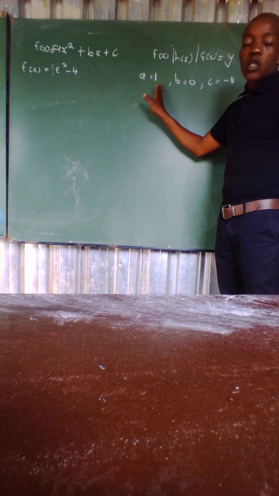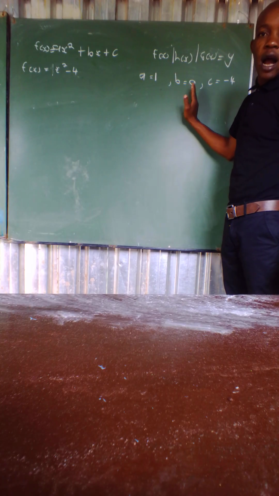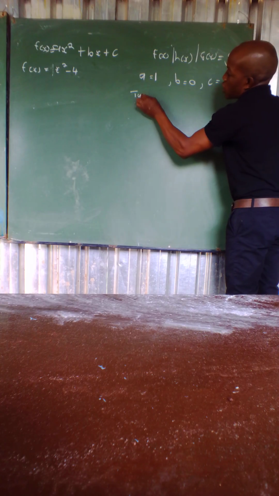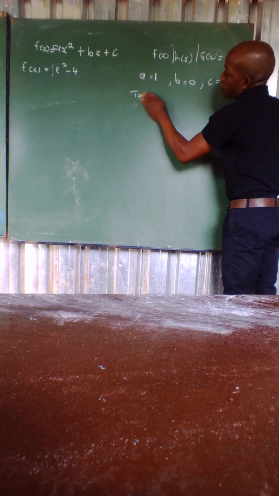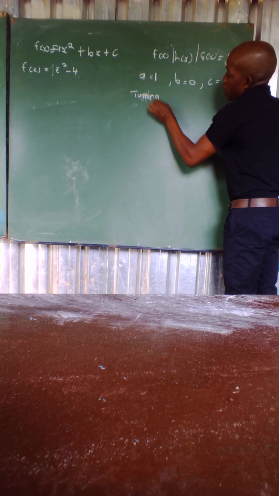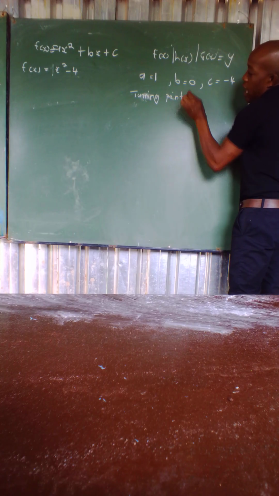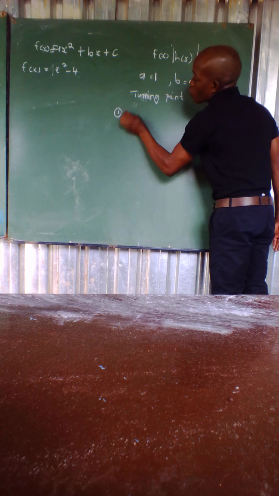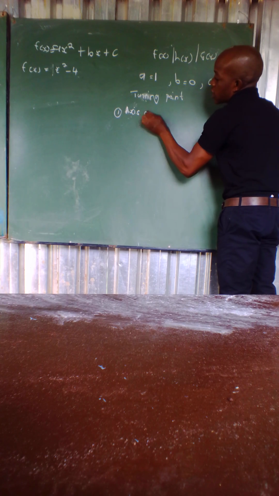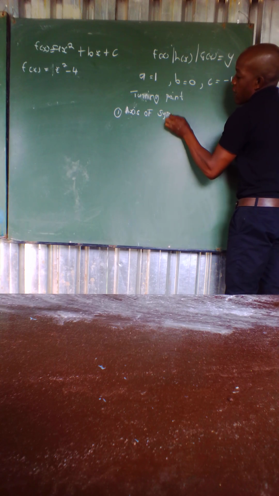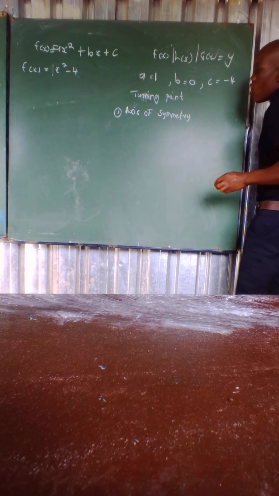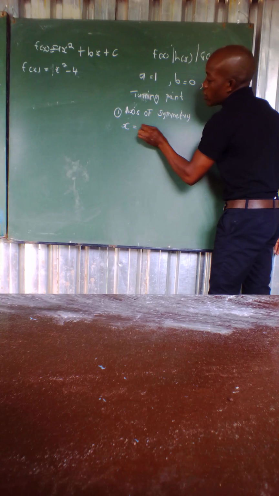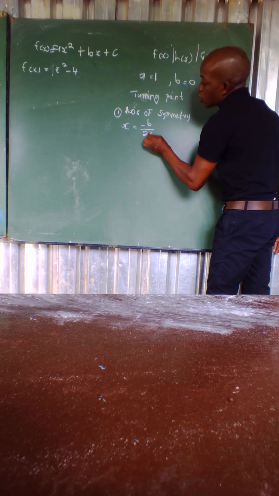This information is going to help you work out your turning point. When you have been asked to work on the turning point, the first thing you are going to work on is what we call the axis of symmetry. On your axis of symmetry, you will come across a formula: x equals minus b over 2a.